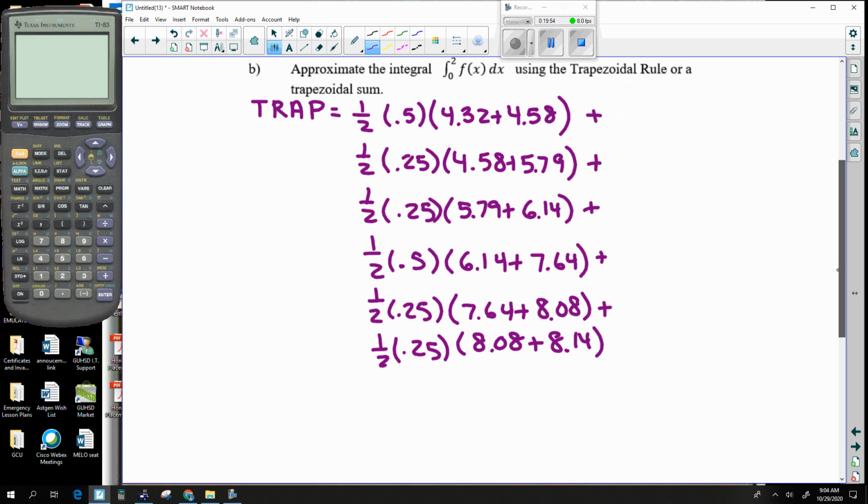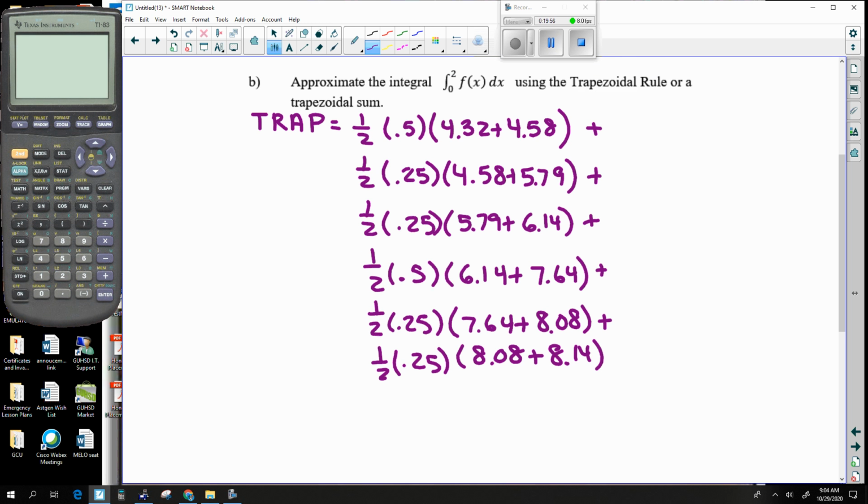Simple as that, right? So what I'm going to do is I'm in essence GCFing out the 1/2, so I'll worry about the 1/2 at the very, very end.